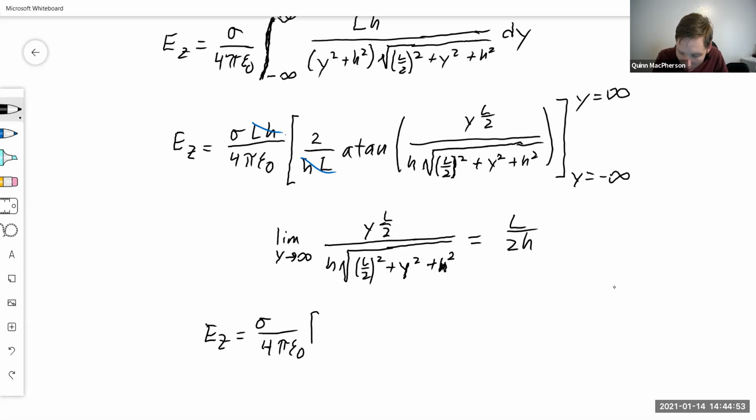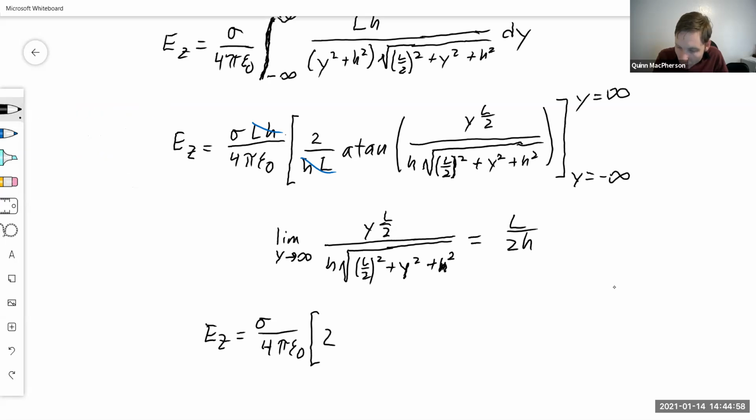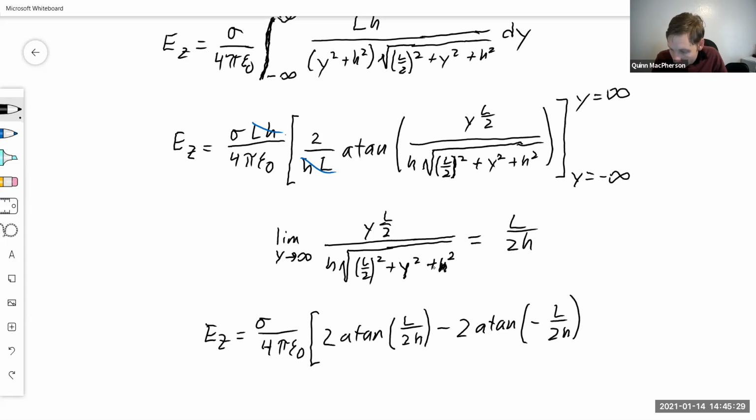Then I get 2 times arctan of L over 2h, minus, well, sorry, maybe I'll do that in two steps, minus 2 arctan of minus L over 2h.